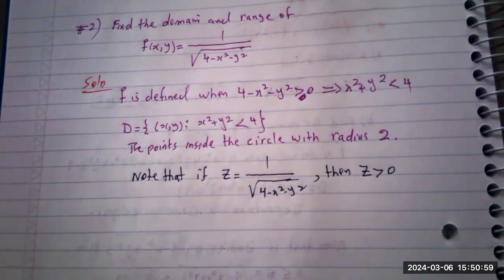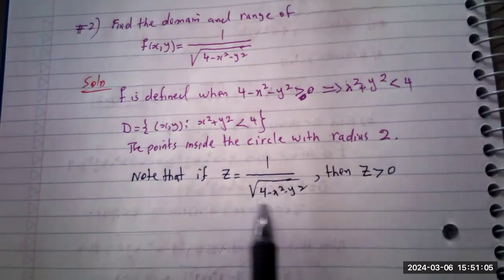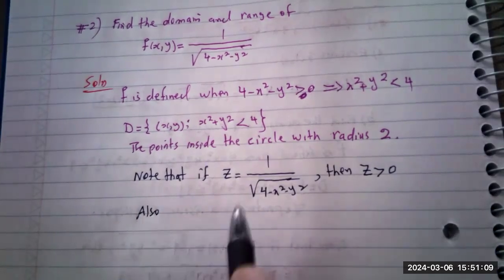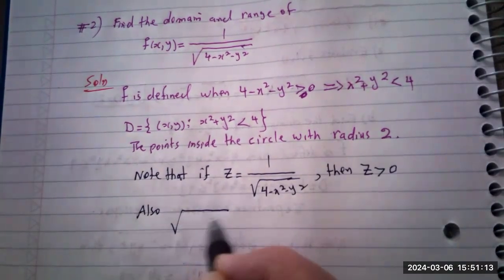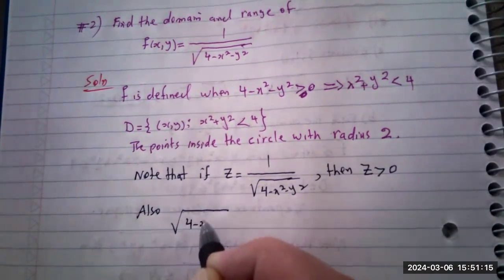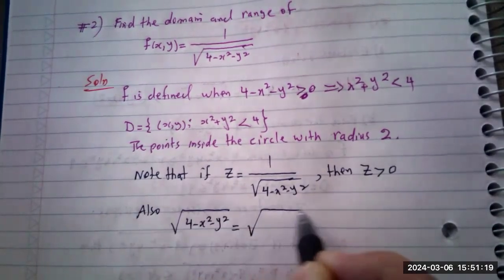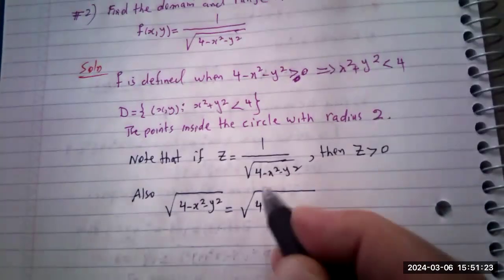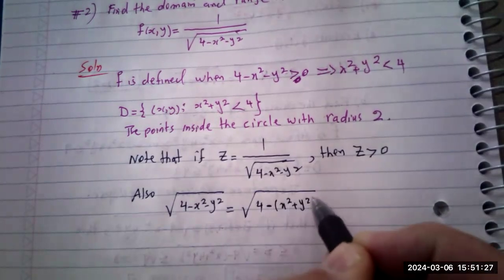We check to see if there is any other restriction. Again, you work on this expression inside the radical, like the one that we did also. So you have 4 minus x squared minus y squared. It's going to be the square root of 4, pulling out the negative sign, so that gives you x squared plus y squared.